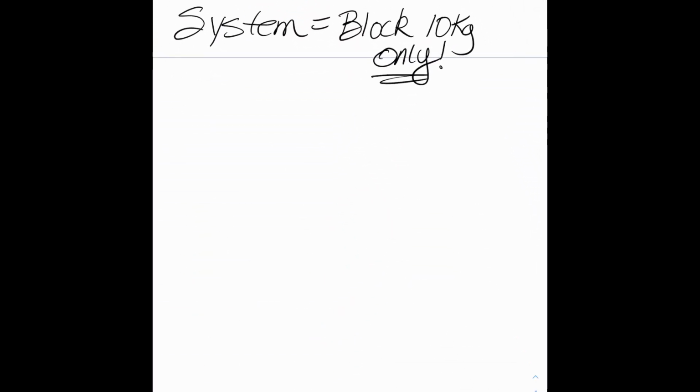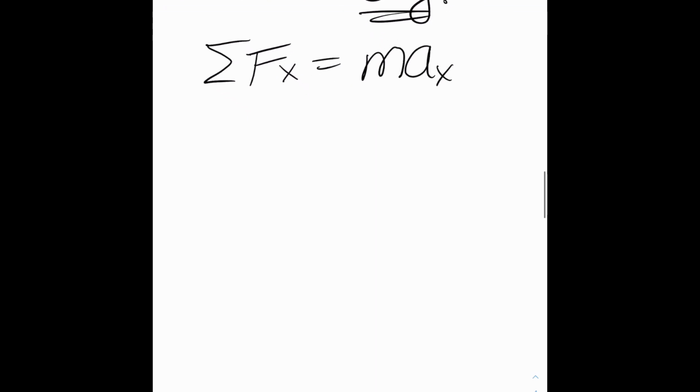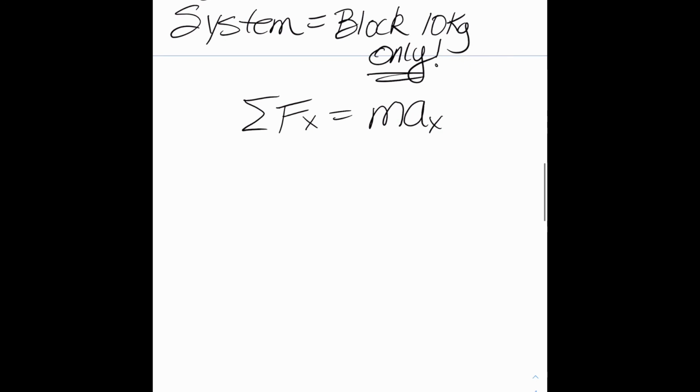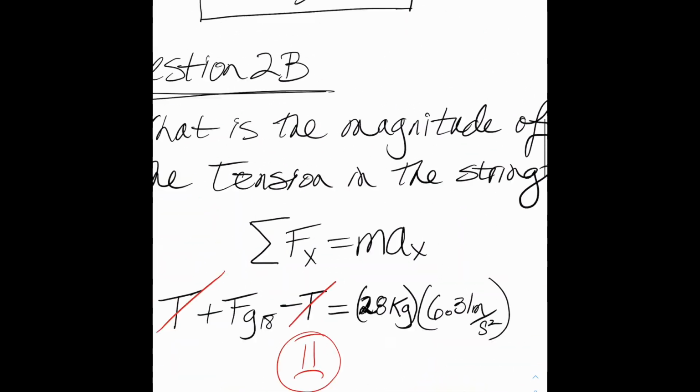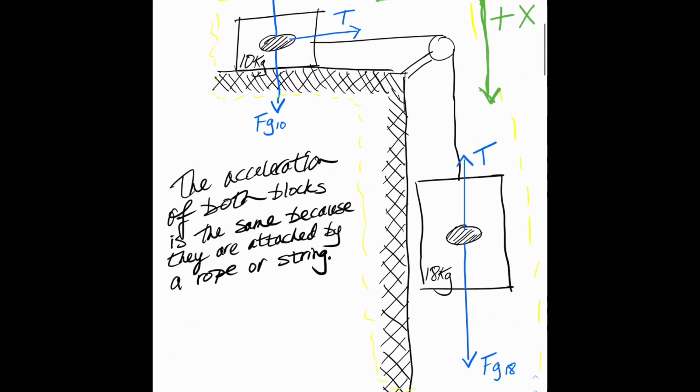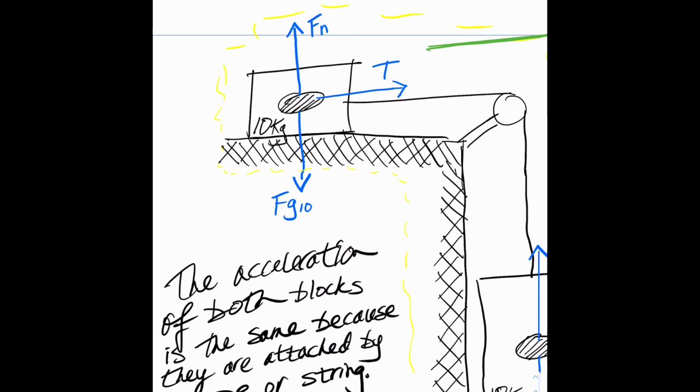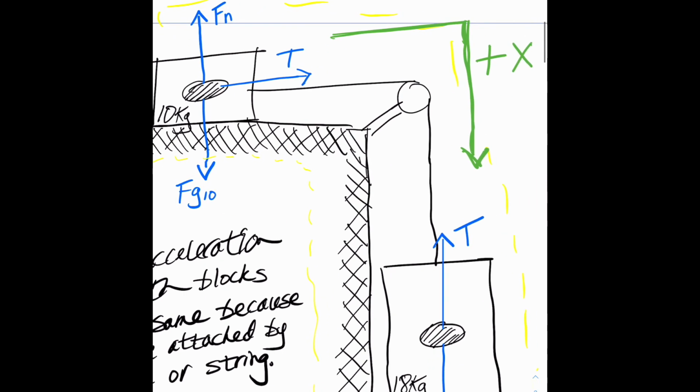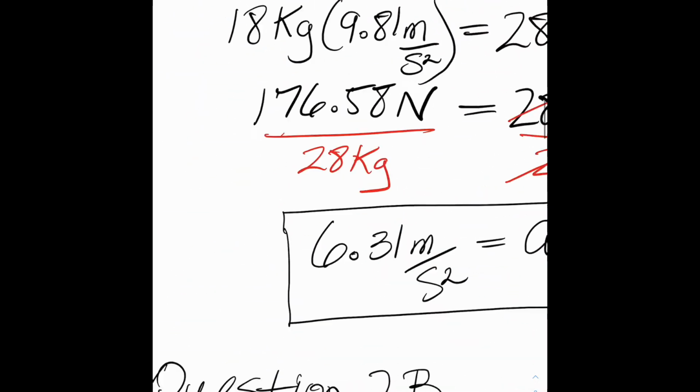So let's work in the x direction just like we did before. Sigma Fx equals max. Block 10 is what we're working with. If we look at just block 10, the only x force on it is tension, because on top of the table, right is positive x, and it's in the positive direction.